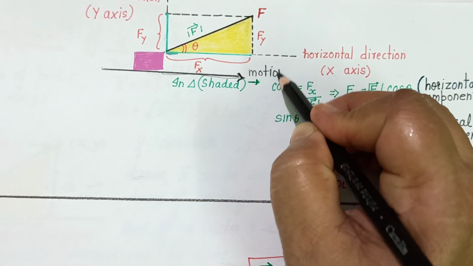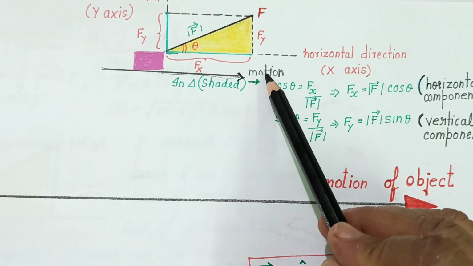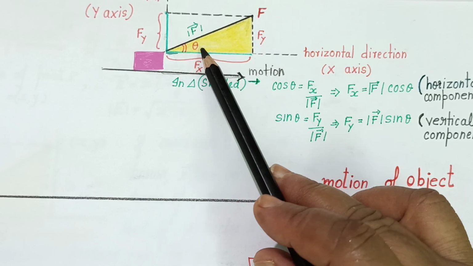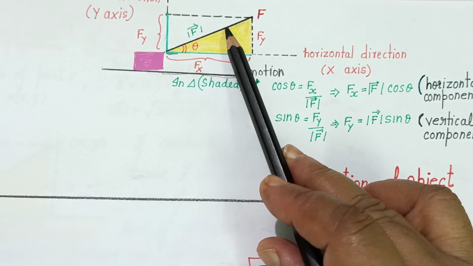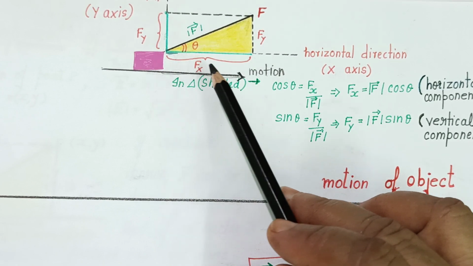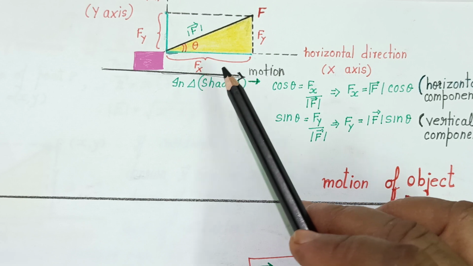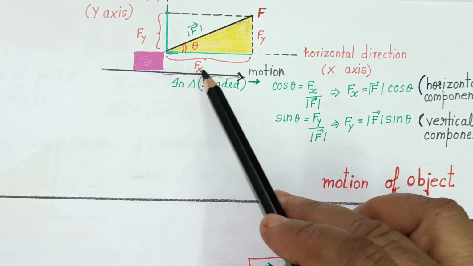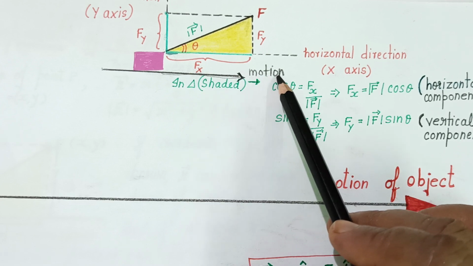And this motion shows that although force is applied at some angle theta, this force has its effect in horizontal direction also, and that effective part of the force is pulling this object in the horizontal direction, in the direction of motion.